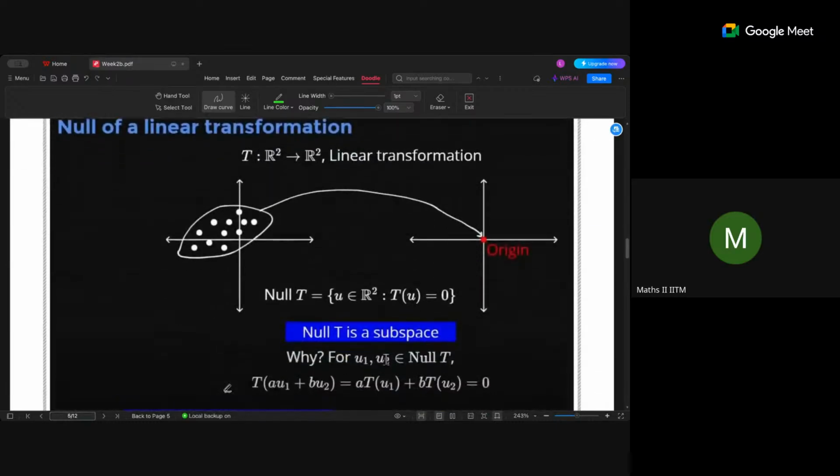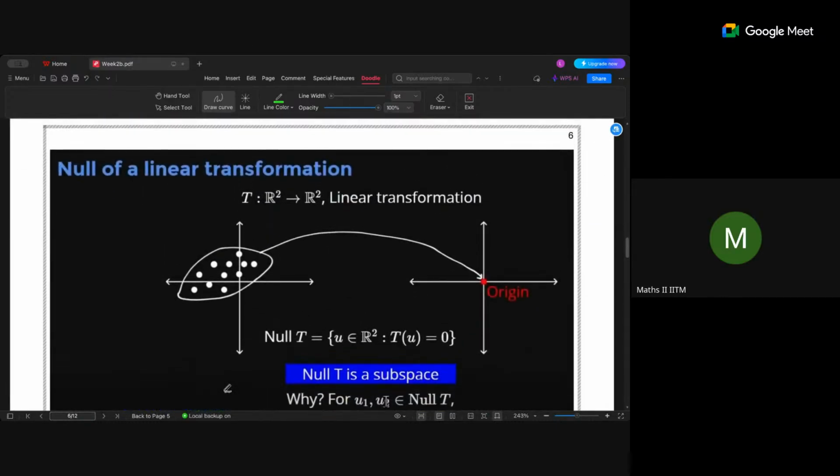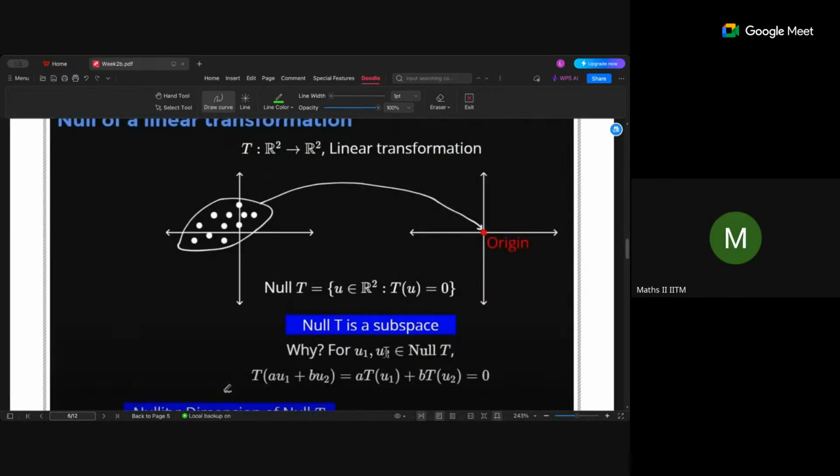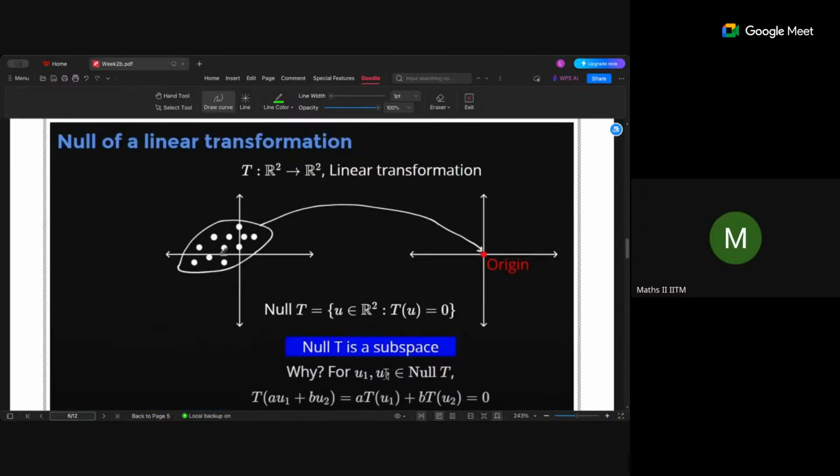All right. What is null of a linear transformation? Null is the set of all values in the domain which are mapped to just the origin. What are the vectors in the domain which are mapped to the origin?